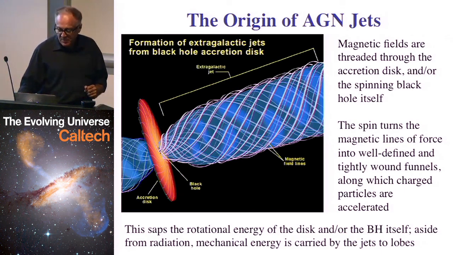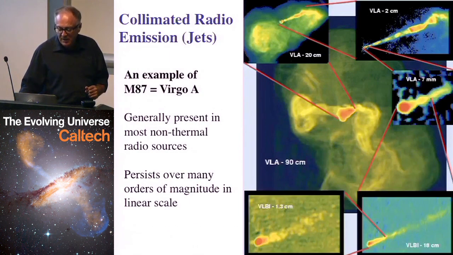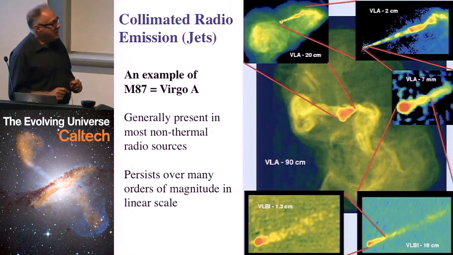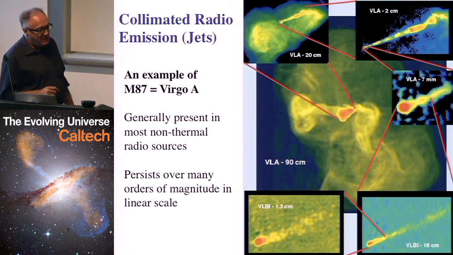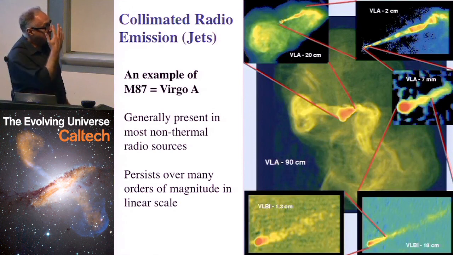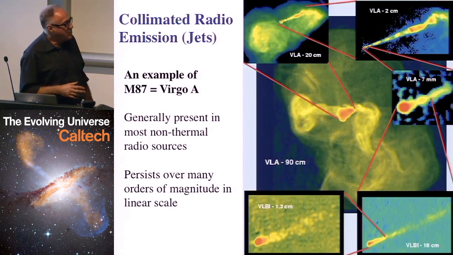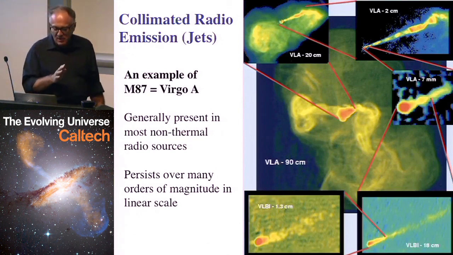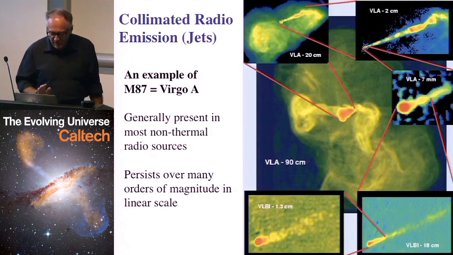So this has been observed mostly in the radio, and those jets are persistent over very large scales in radii. Now what's shown here is a map of M87, an active galaxy in the Virgo cluster. If you zoom in from a very large scale to a smaller scale, and zoom in and zoom in, you always see a jet from a central source pointing in one direction.